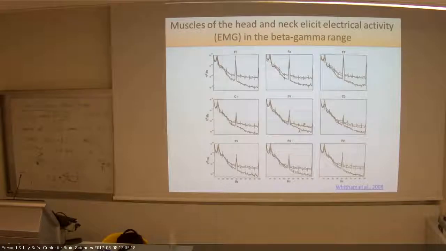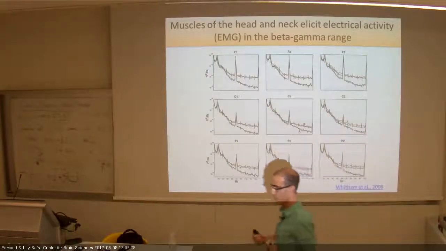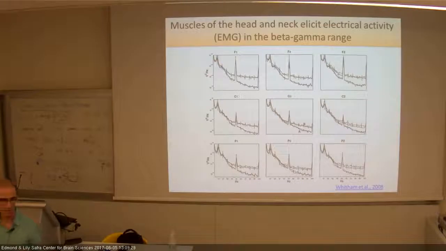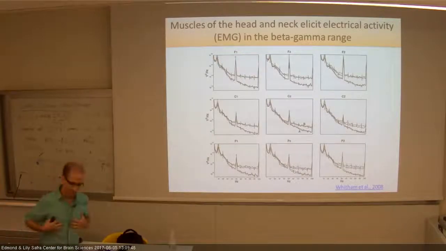Just to illustrate how difficult this issue is, especially when you look at higher frequencies in your data. So there's a crazy group in Australia that injected to themselves, the researchers themselves injected to themselves curare, which is a drug that blocks your muscles. This is the thing that you get in surgery. So once you're anesthetized, they give you curare so that they can sort of open your abdomen, and so the muscles are relaxed. But then, of course, they have to ventilate because your respiration muscles don't work as well.